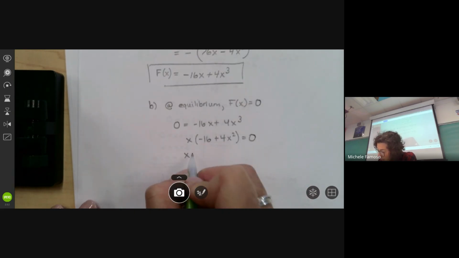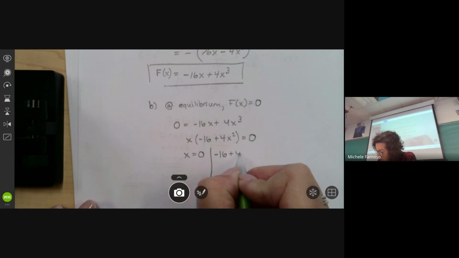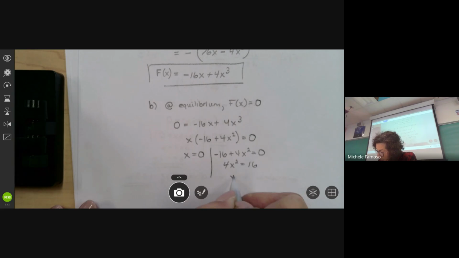So either x is equal to 0 or negative 16 plus 4x squared is equal to 0. So 4x squared would be 16. So x squared is 4. So x can be either positive or negative 2 meters or 0 meters.